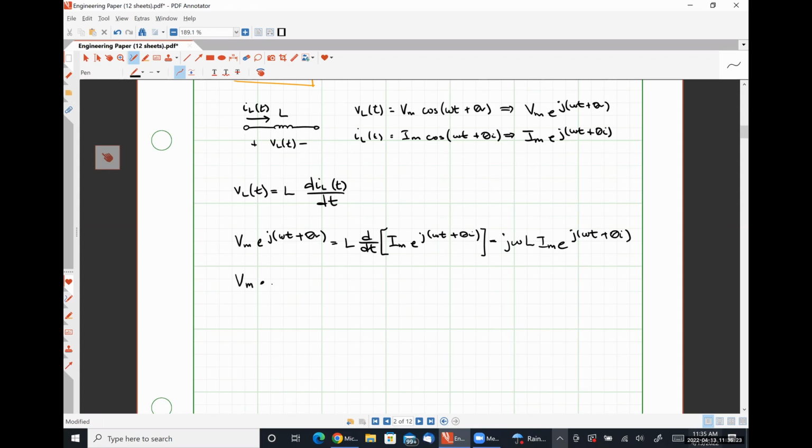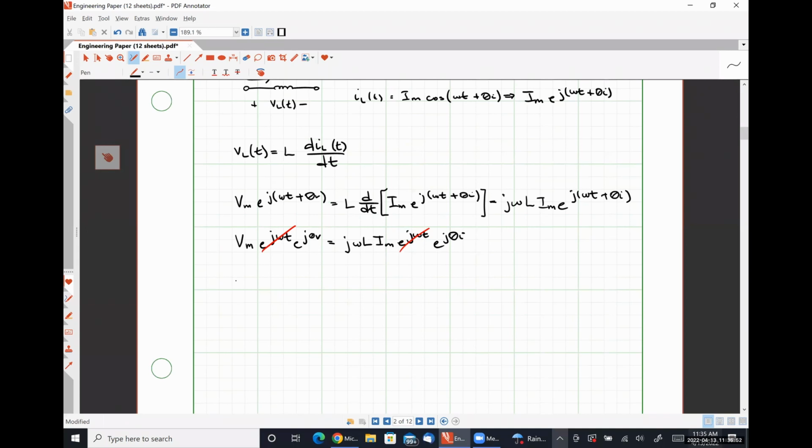So we'll have Vm e to the j omega t e to the j theta V is equal to j omega L Im e to the j omega t e to the j theta I. Suppressing our common frequency terms on both sides yields Vm e to the j theta V is equal to j omega L times Im e to the j theta I.